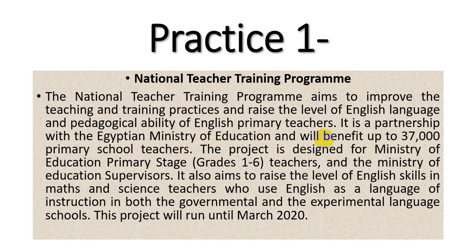The project is designed for the Ministry of Education primary stage, grades 1 to 6 teachers, and the Ministry of Education supervisors. It also aims to raise the level of English skills in math and science teachers who use English as a language of instruction in both the governmental and experimental language schools. And this project will run until March 2020.